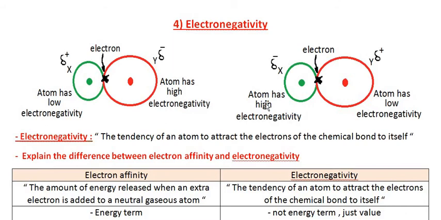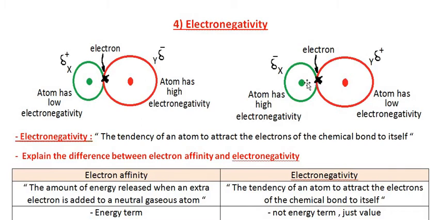High electronegativity means this electron will be attracted here more, so it acquires a partially negative charge, and this one has low electronegativity, meaning attraction is low, so the electron will be closer here, which makes this partially negative, and this will be the opposite, partially positive, because the electron has got away from it.